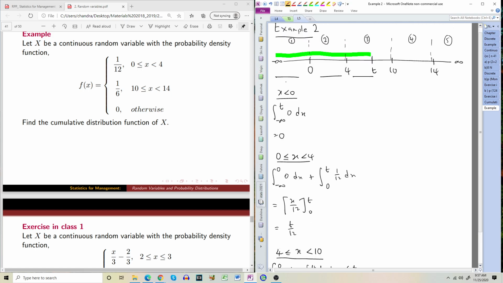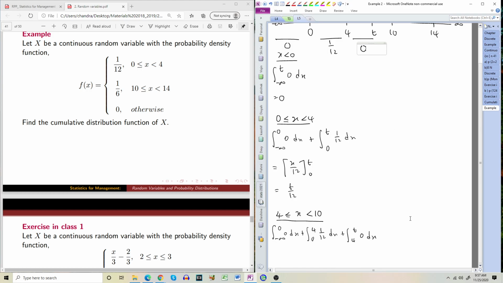Okay, negative infinity to 0, the function is 0. 0 to 4, the function is 1/12. 4 to t, you see this interval 4 to 10, there's no function here, so this one also 0. Here 0. So if you do this, you get 1/3.